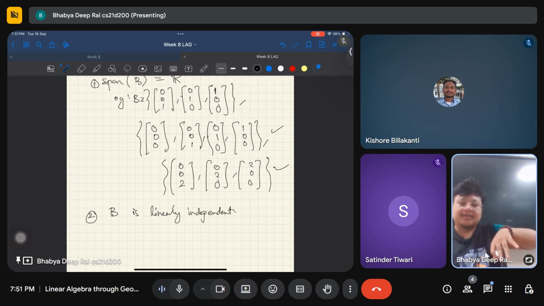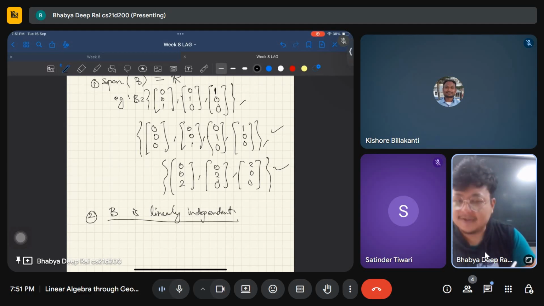So this is where the question comes. B is linearly independent. Now, if you look at this one, it is linearly independent. Clearly, you cannot form one vector by using the other two vectors.